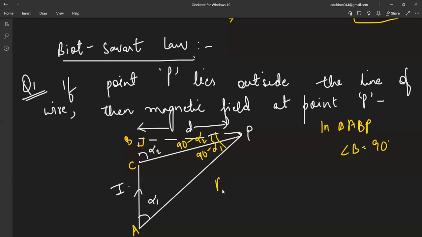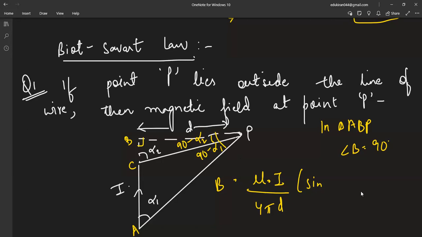Now see, in one line you will get your answer. B is equal to mu naught I by 4 pi, separation is d, sine of the first angle minus sine of the second angle, right? So the angle from point A that is being subtended, because we always take the perpendicular distance.